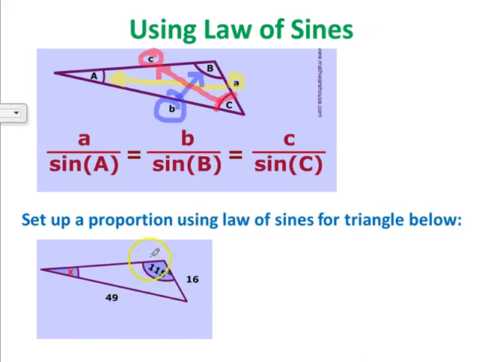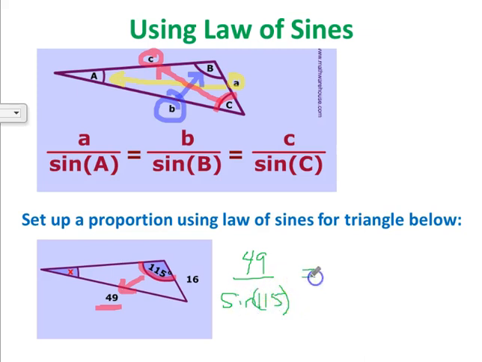So let's look at this example. Here I've got this angle, 115 degrees, and opposite of that angle is the known side 49. So I'm going to write a ratio right off the bat. I'm going to say 49, my side length, over sine 115.